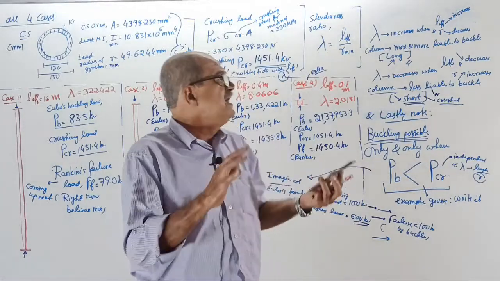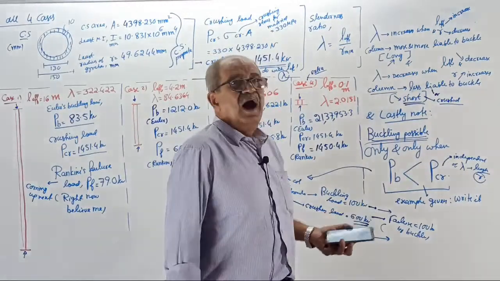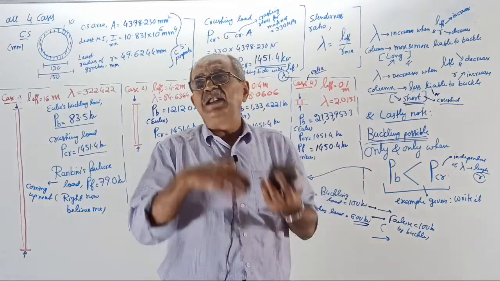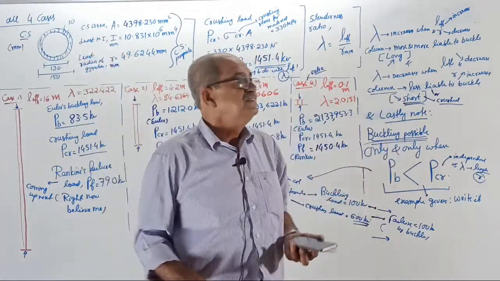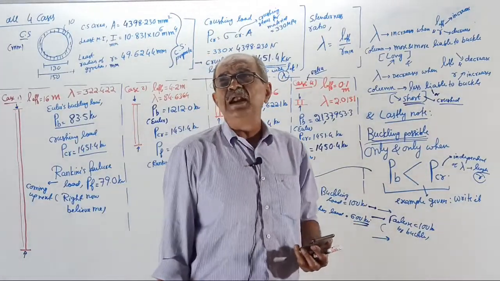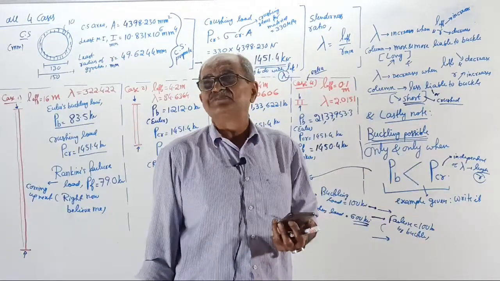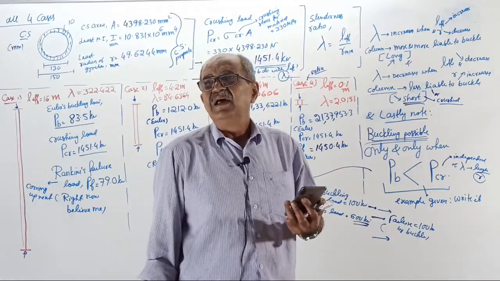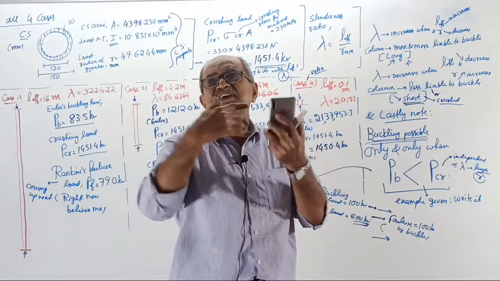Or a practical example. Imagine a vehicle running on the road at a speed of 100 kilometers per hour. The tire will get burst. This is not crushing. And it is found that if the speed reaches 600 kilometers per hour, unimaginable speed, then some other failure will take place. Most probably, engine will get seized.